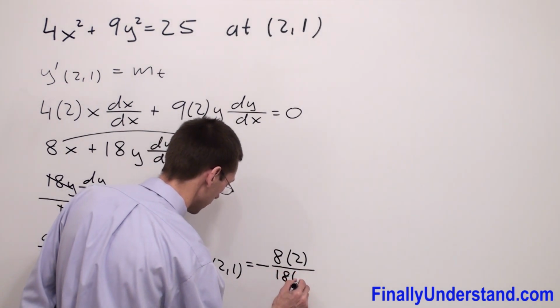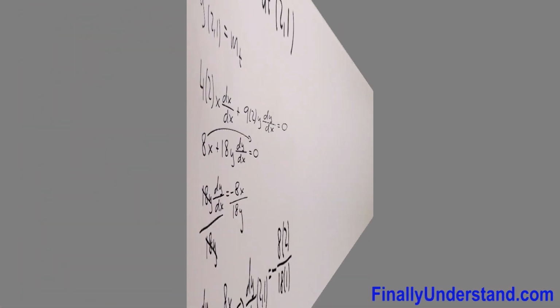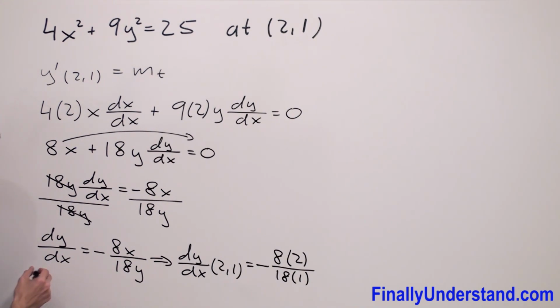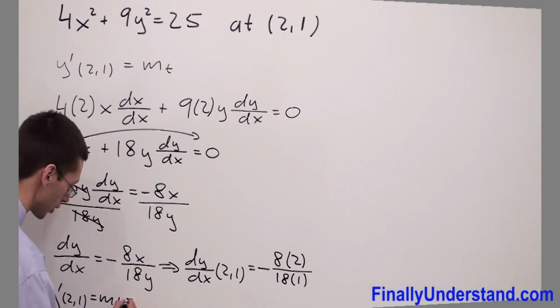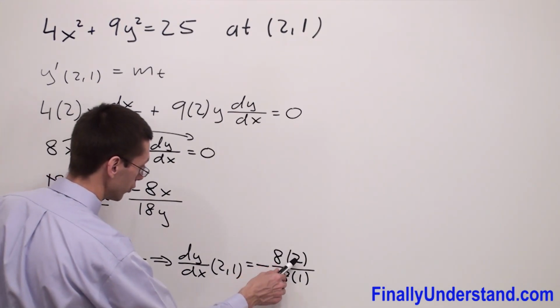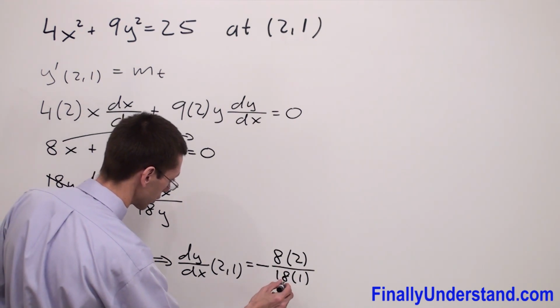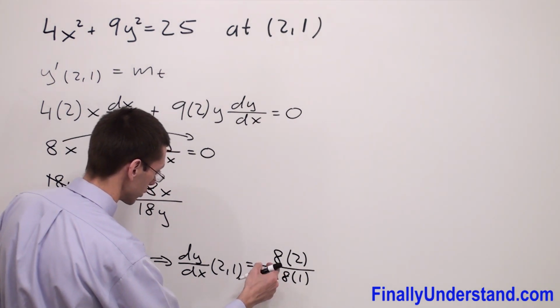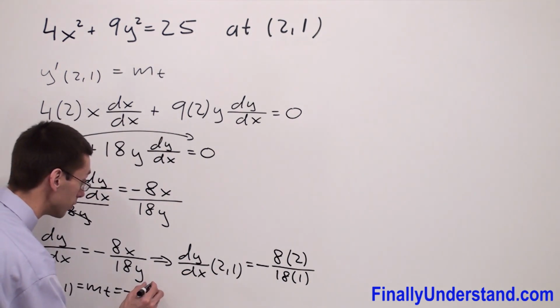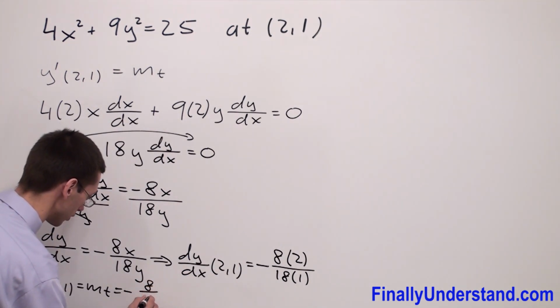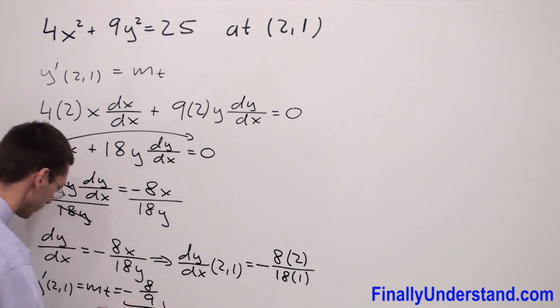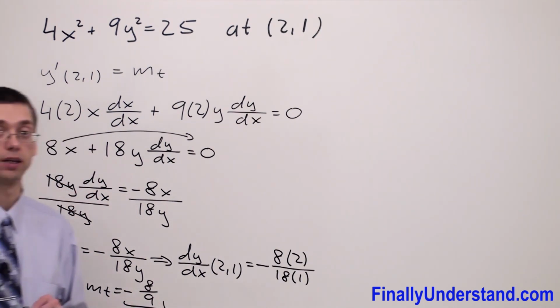So the slope, the first derivative at (2, 1), is equal to mt, which is negative 2 over 18. That's going to reduce, so I'm going to have 9. So I have negative 8 over 9, and this is the slope of my tangent.